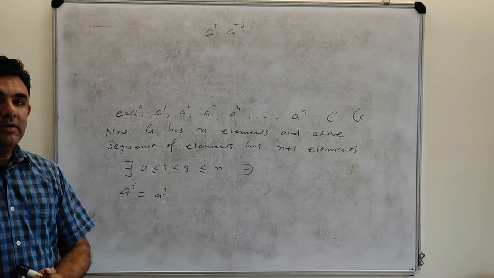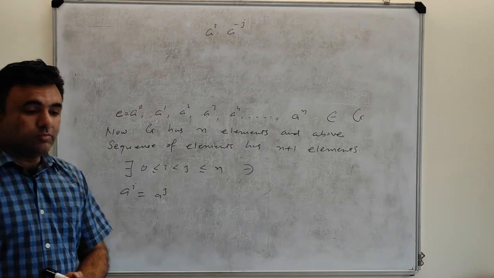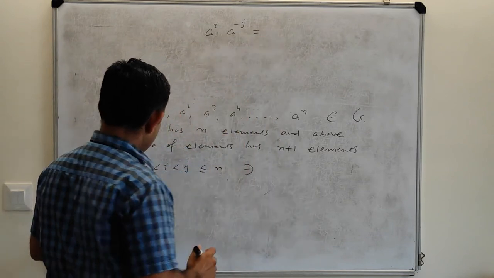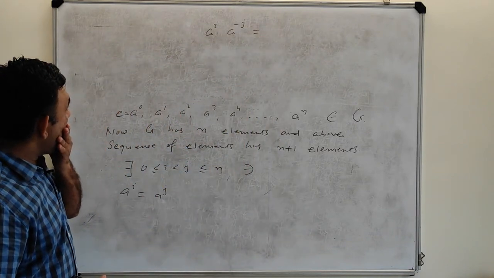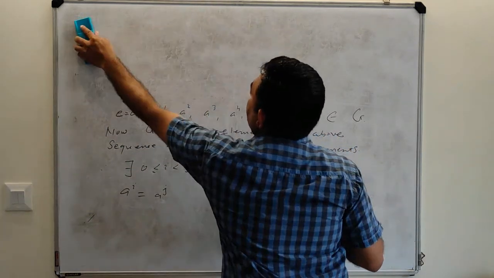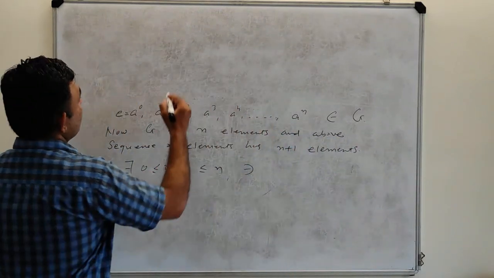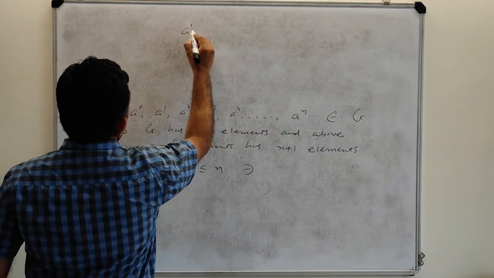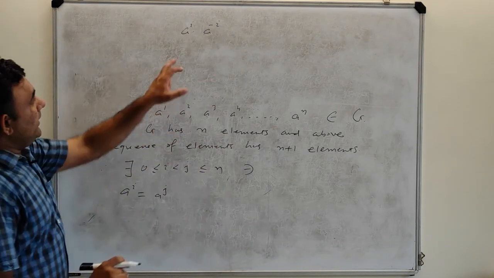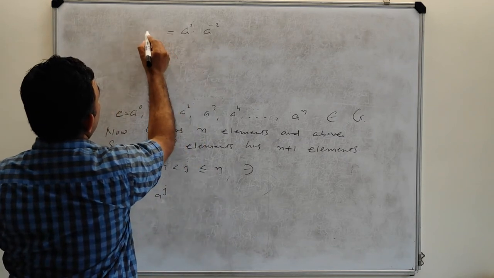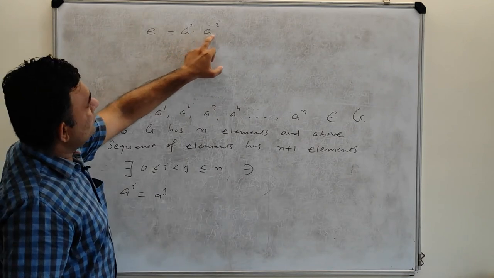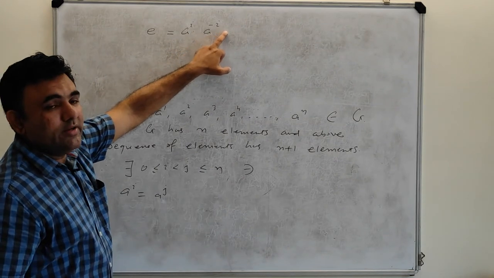Or let me start with the identity. You consider, say, a raised to i into a raised to minus i. A raised to i into this is what? It will be the identity. A raised to i into a raised to minus i will be the identity.